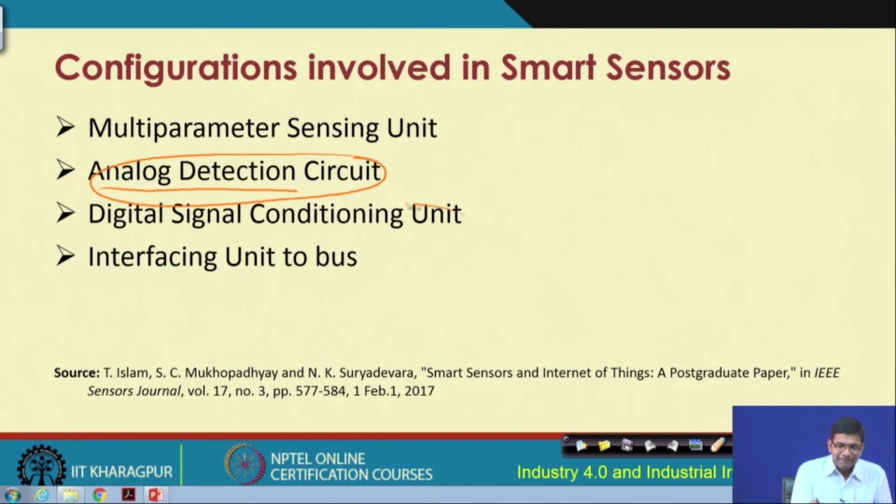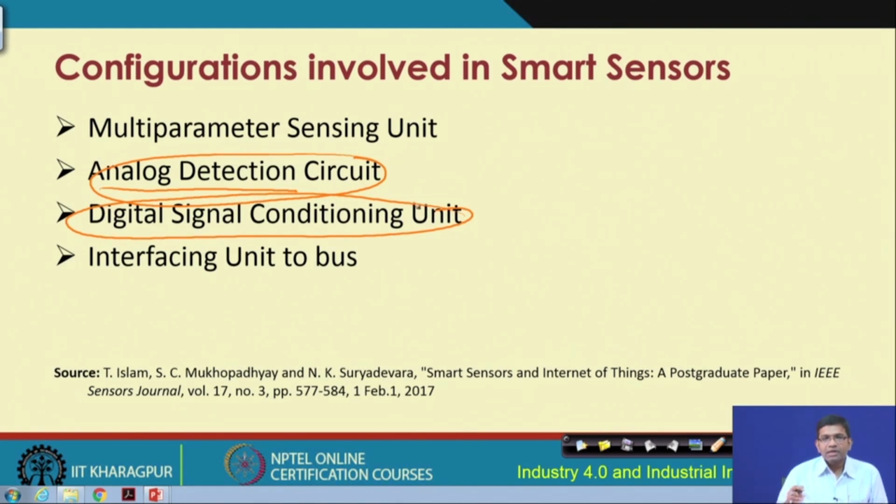Then you need to have some digital signal conditioning unit. After the analog signal is collected and you want to digitize it, you want to have digital data out of the signals. So, before you digitize, you need to do some kind of conditioning.